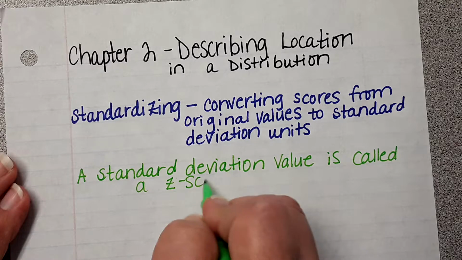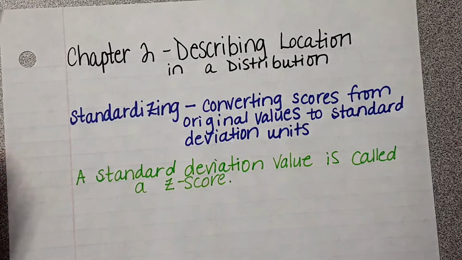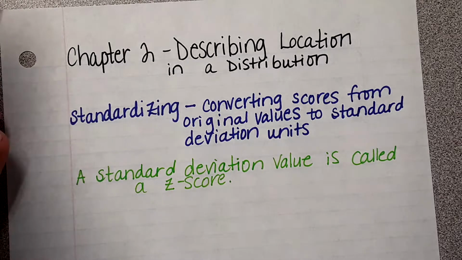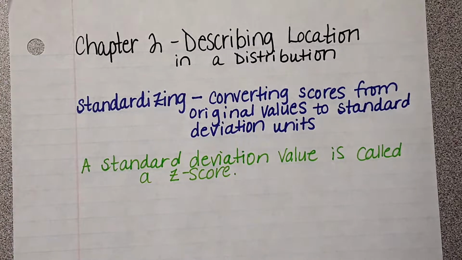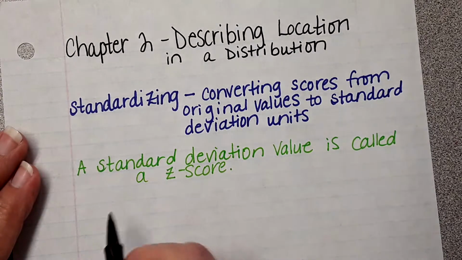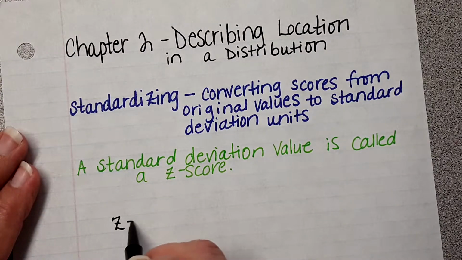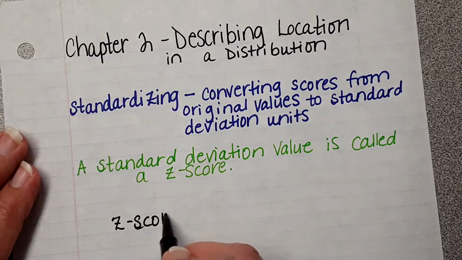How many of you have taken AP psychology? Okay, so you know what a z-score is. You're taking that z-score and converting it because we're going to start talking about that normal curve. So the one thing that you need to know is how to find the z-score.